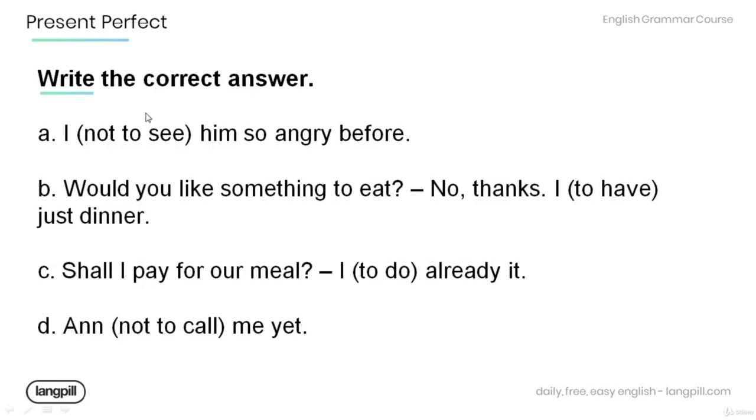And now, read the following sentences and write the correct answer. A. I never to see him so angry before. B. Would you like something to eat? No, thanks.